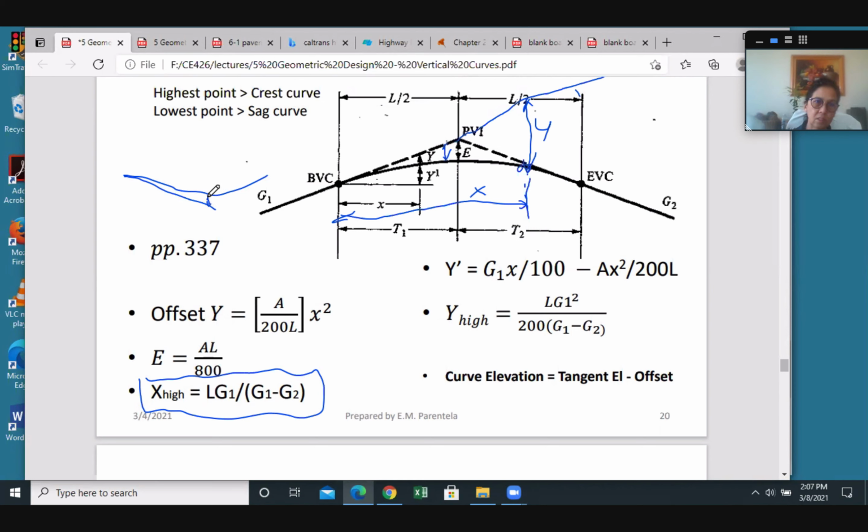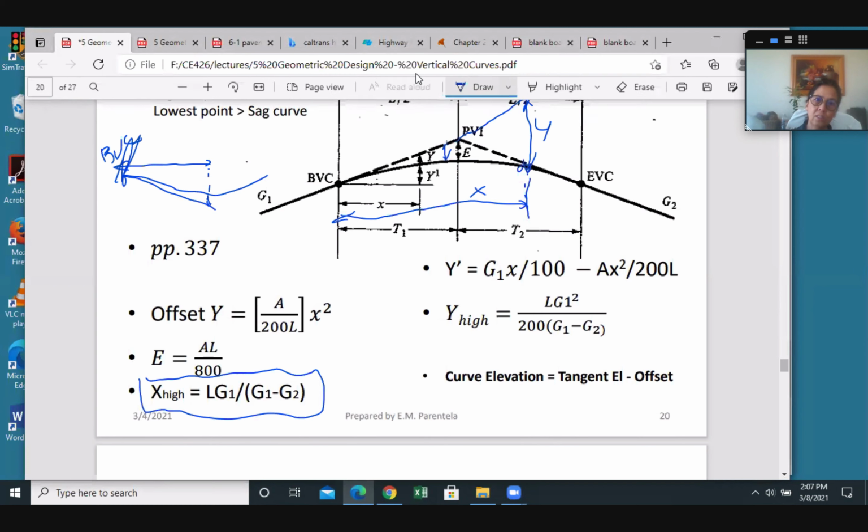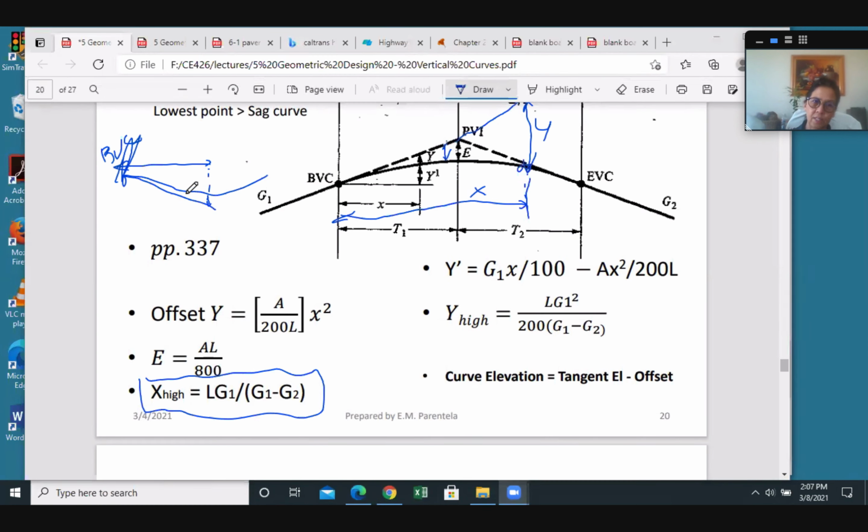So in order to determine the lowest point, again, you try to find x using this equation right here. And x is always based from the BVC, the beginning of the vertical curve. So the reference point is always the beginning of the vertical curve.